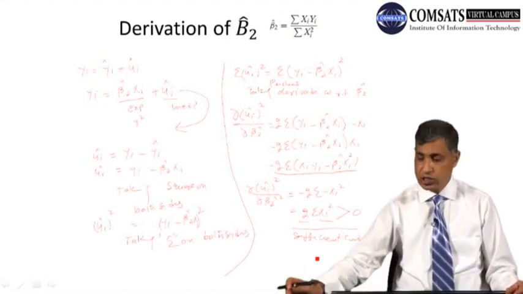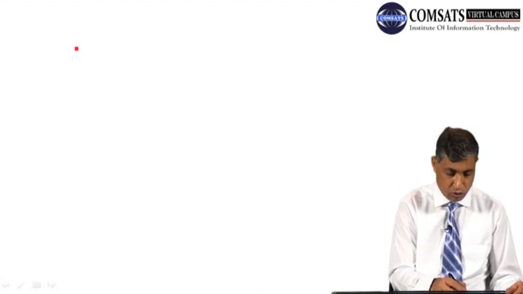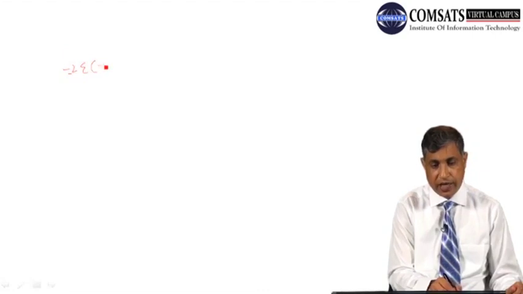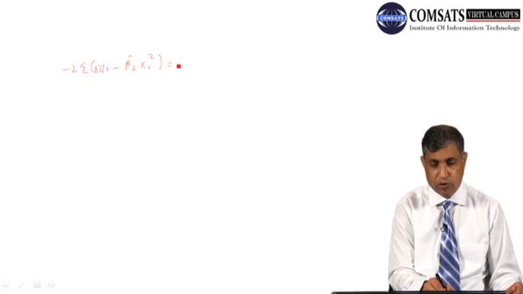We write this equation on the next slide: minus 2 summation xi yi minus beta 2 hat xi square, equal to 0.